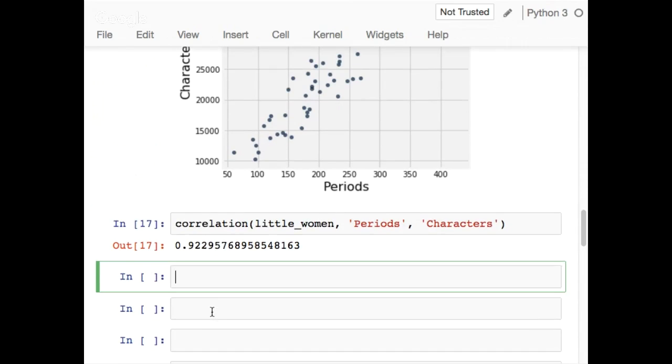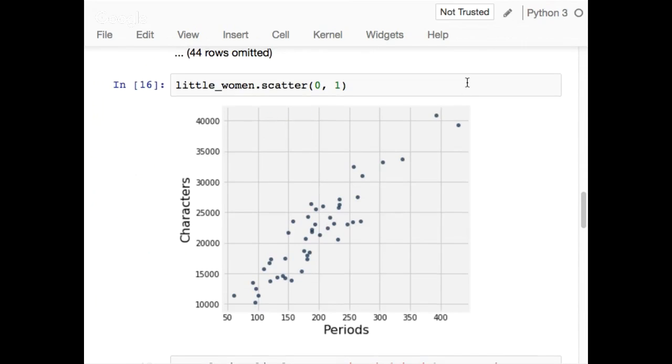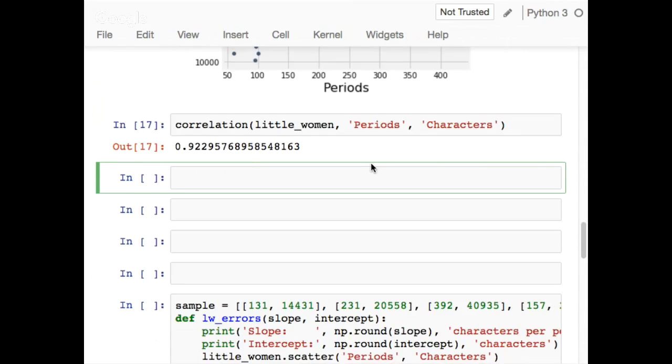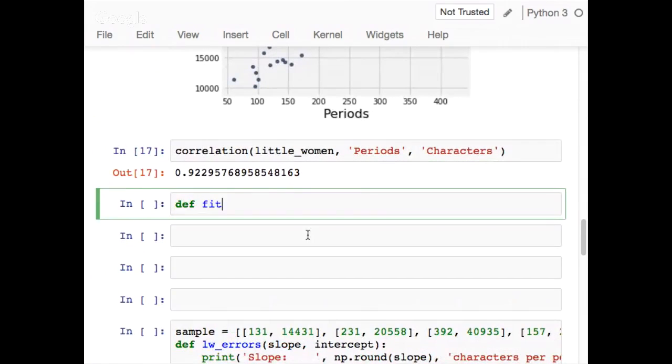And what I can do now is take these points and show what I would predict given a regression line. So I know that I can draw a regression line. I'm going to write a function that'll make some predictions, and I'm going to plot those predictions here so we can see what a regression line would have predicted. Let's define that. So I have here def fit.